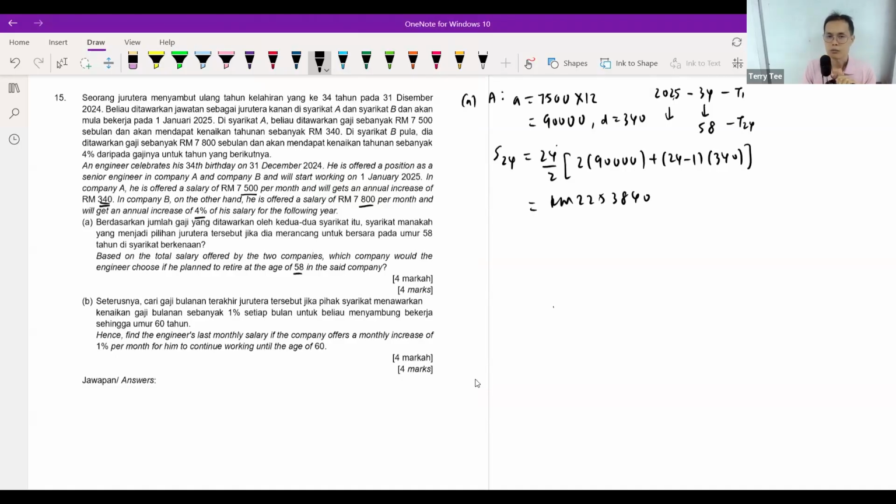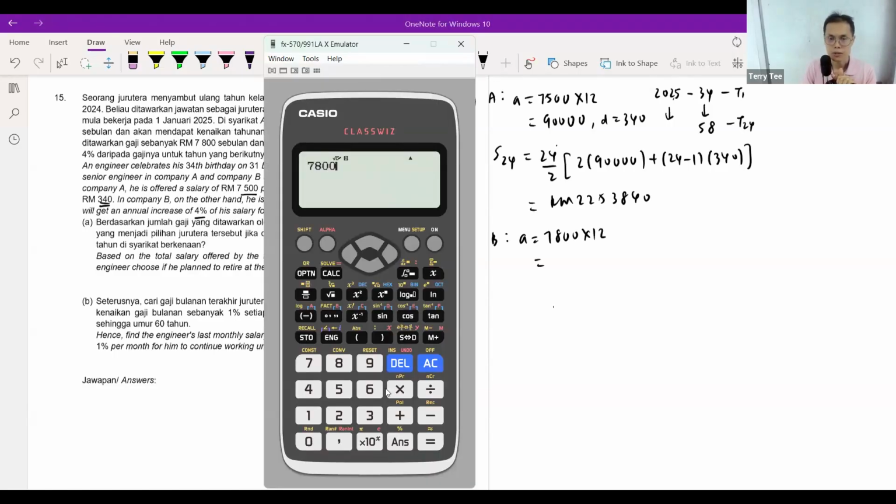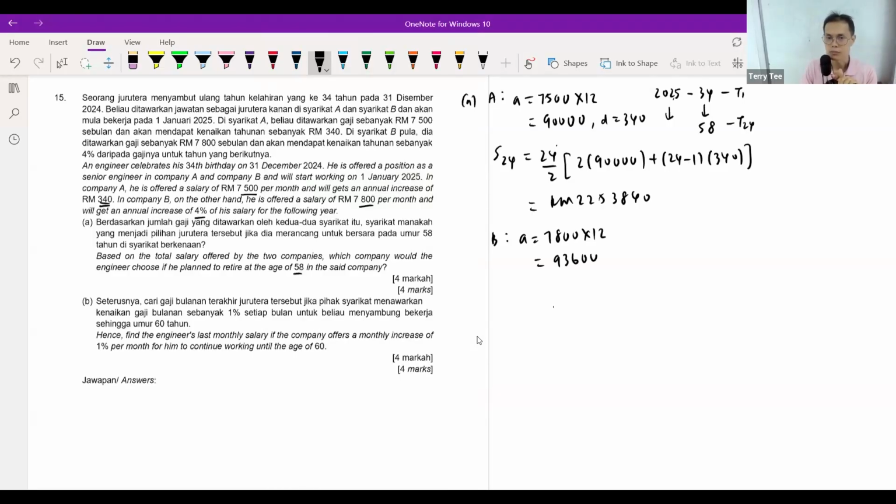Now, company B offers a starting salary of 7,800. So 7,800, you're going to multiply by 12 to get your annual salary. 7,800 times 12 is 93600. Okay, your increment is 4%.